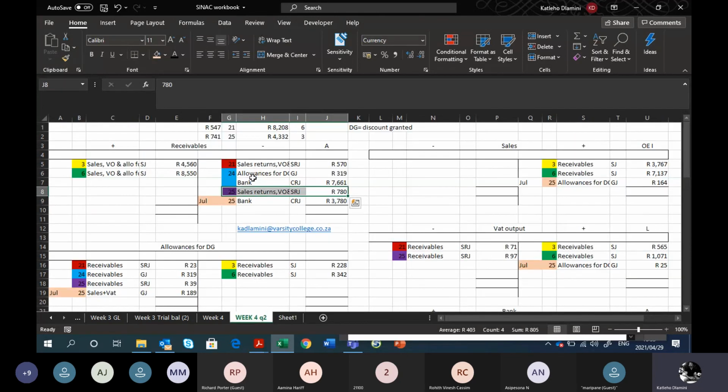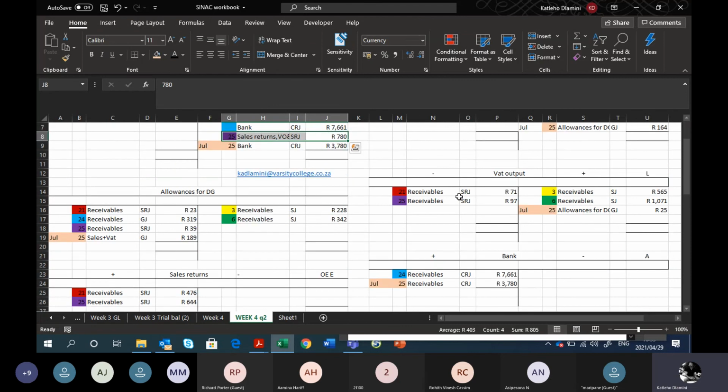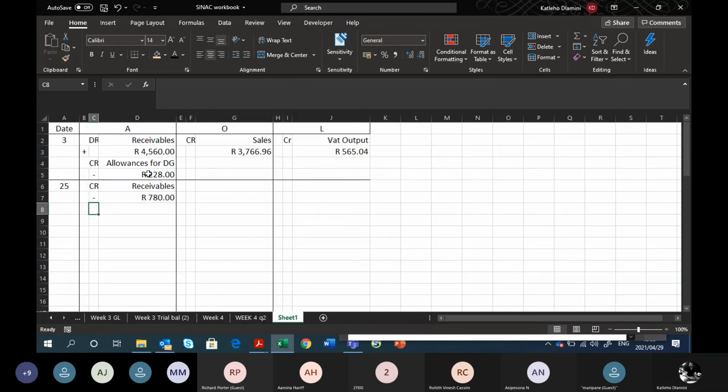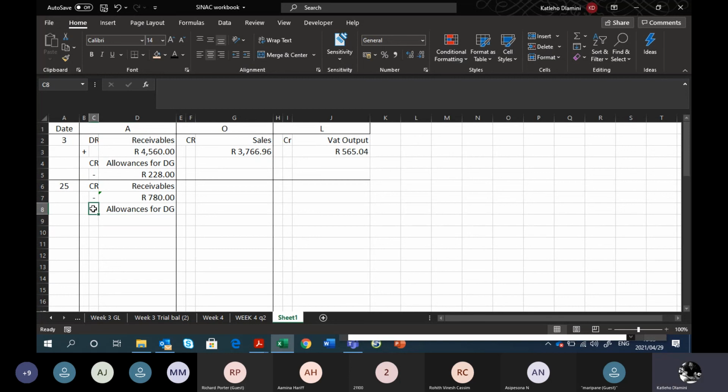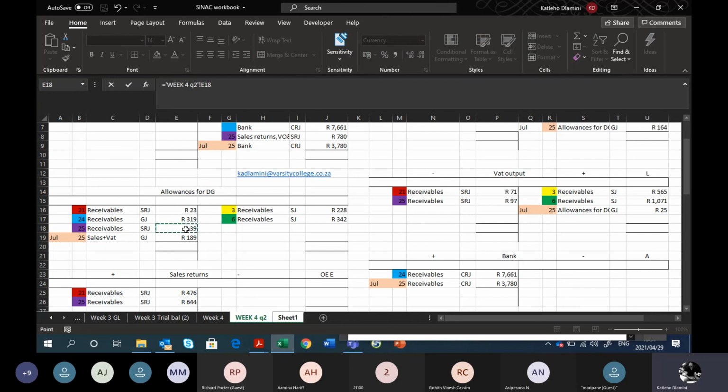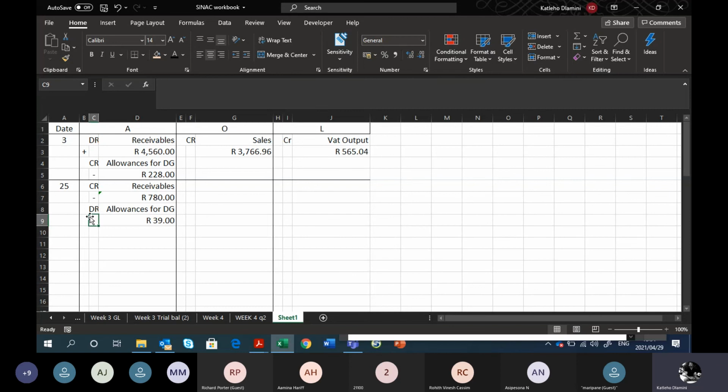Okay, now what else happened? So then your sales returns, your VAT output, and your allowance for settlement discount granted are then going to be debited. All right, so I'm gonna start with this one. So again, I'm just gonna grab this here, but now it's debited. The allowance for settlement discount amount is 39 Rand. That's a plus.